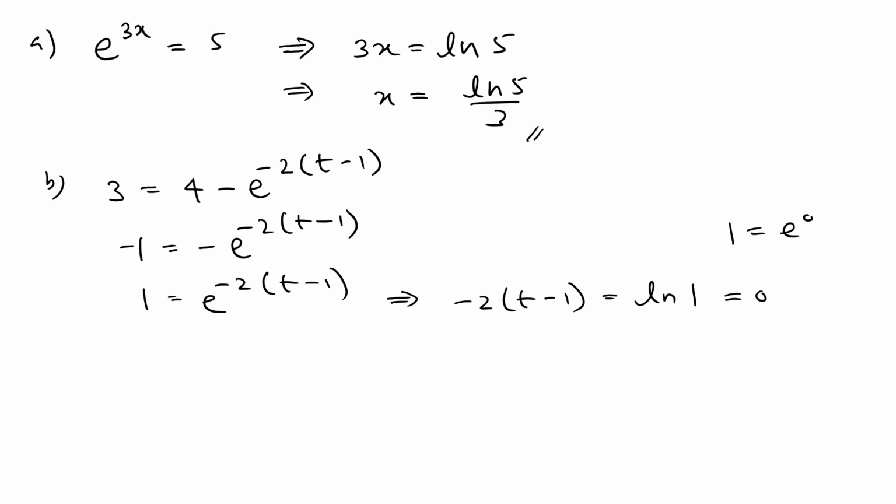So you can divide by negative 2, so t minus 1 equals 0 over negative 2, which is still 0. That means t is simply 1, so t equal 1 for this problem.